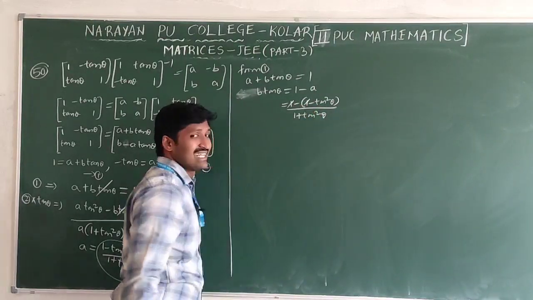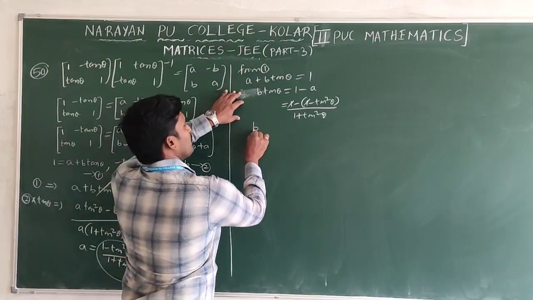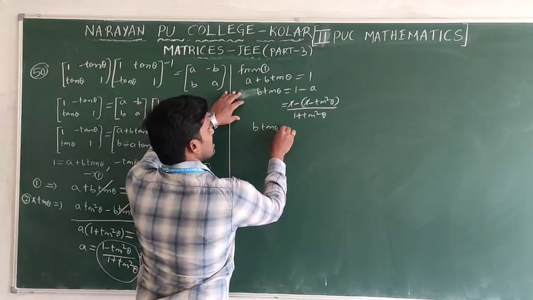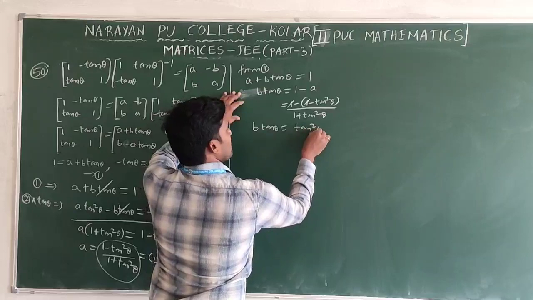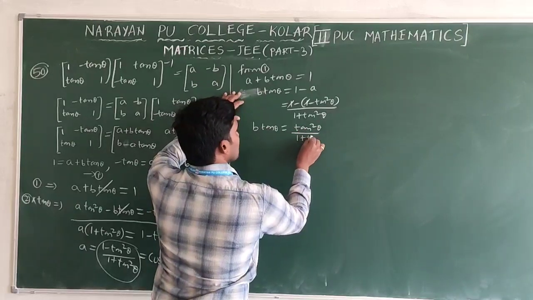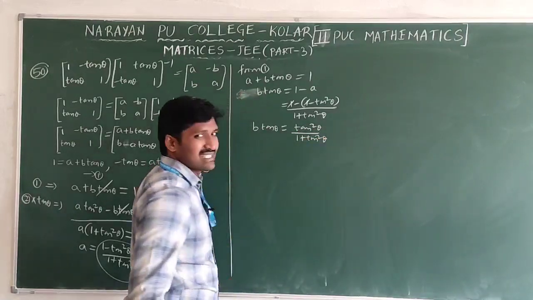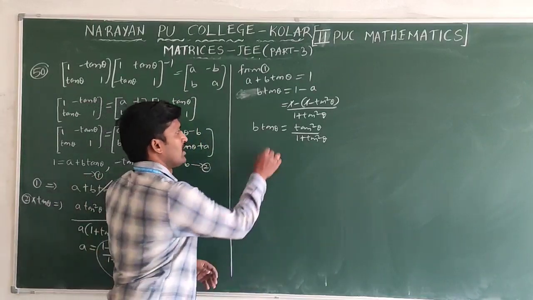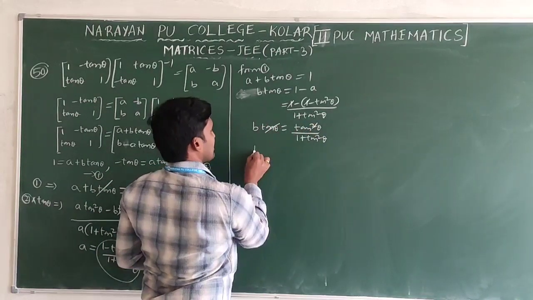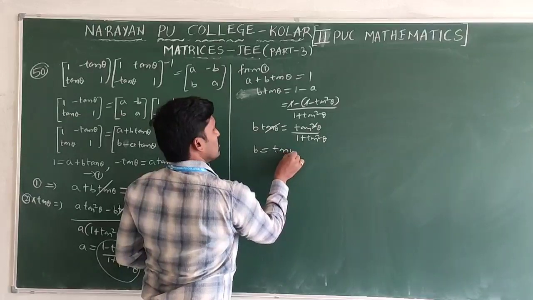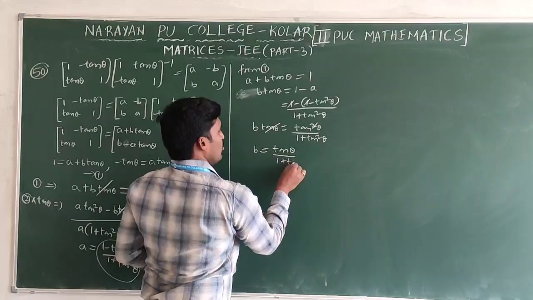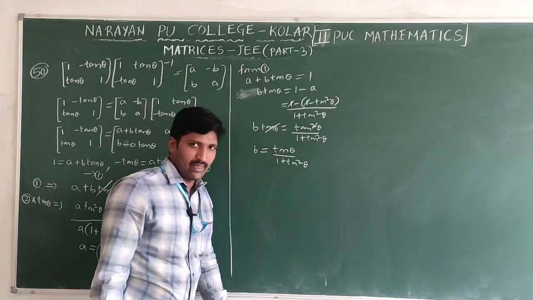Here 1 gets cancelled. B tan theta equal to minus of minus plus tan square theta by 1 plus tan square theta. Now one tan theta gets cancelled. B equal to tan theta by 1 plus tan square theta.